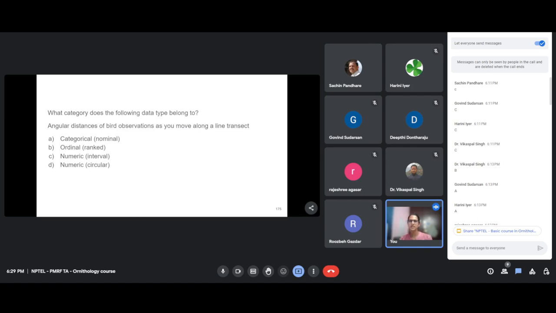You're looking straight and the bird is on the line transect that you're walking on. 0. Correct. If a bird is absolutely perpendicular to the line on the right as you move ahead, what will be the degree? 90 degrees. Yes, 90 degrees. So now you're getting the idea.